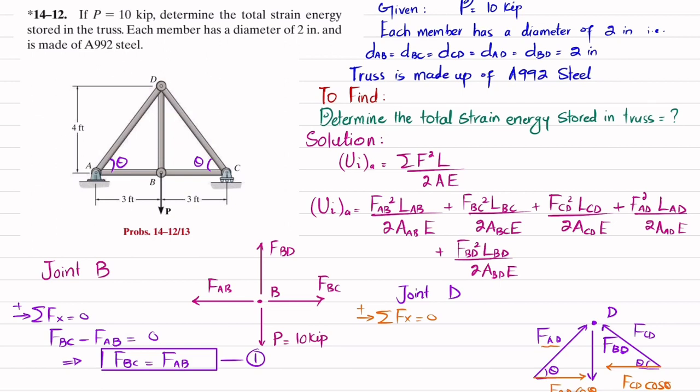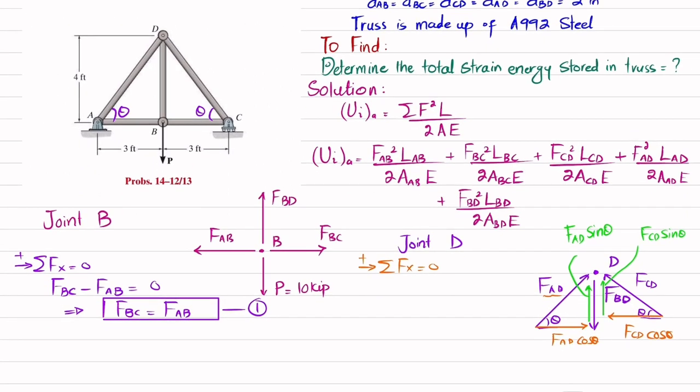There will also be vertical components: the vertical component of F_AD is F_AD sin theta, and of F_CD is F_CD sin theta, and similarly the vertical component of F_BD. So you can apply the equation of equilibrium. You can see two forces acting horizontally.